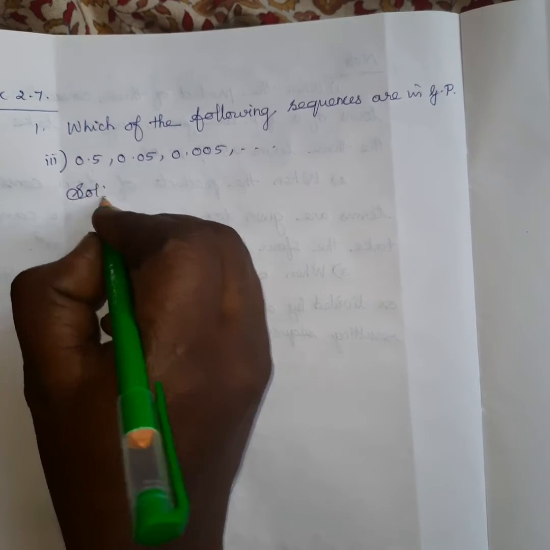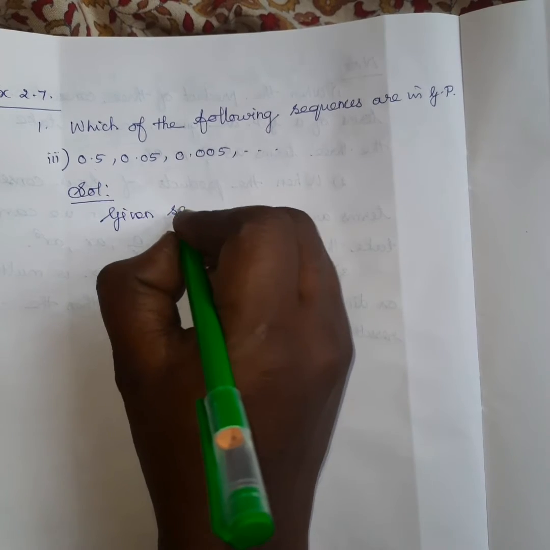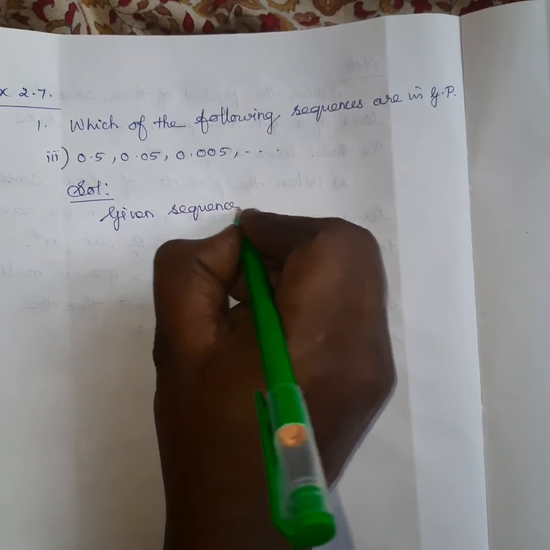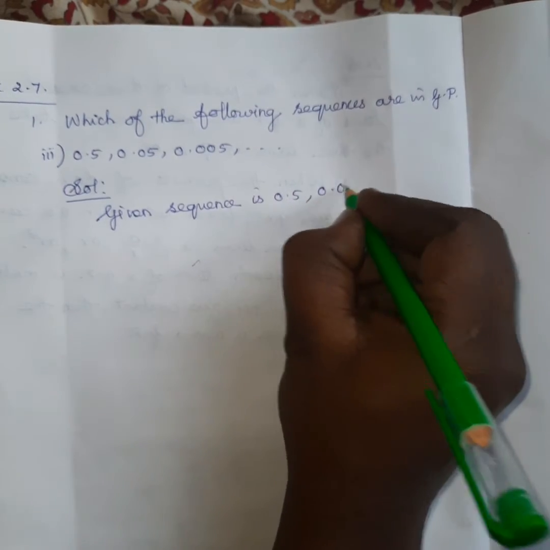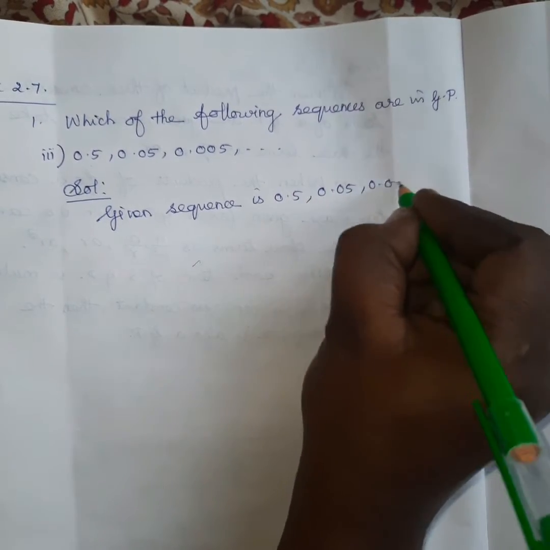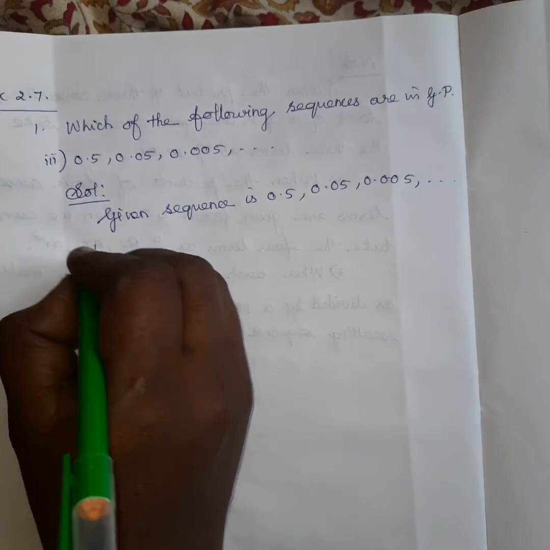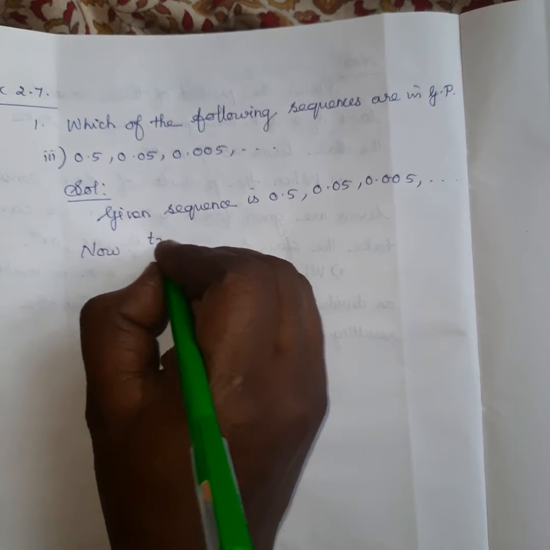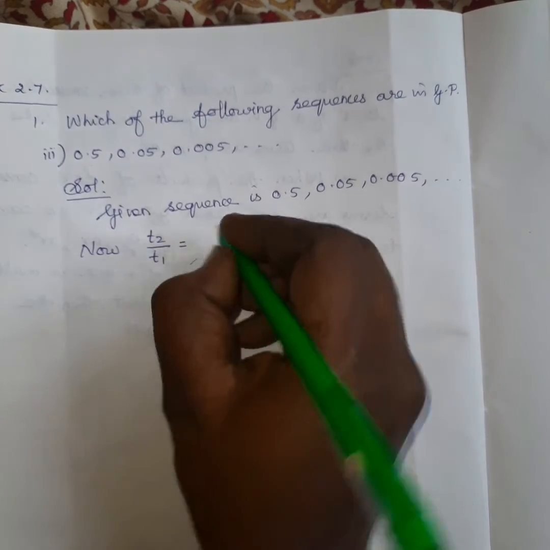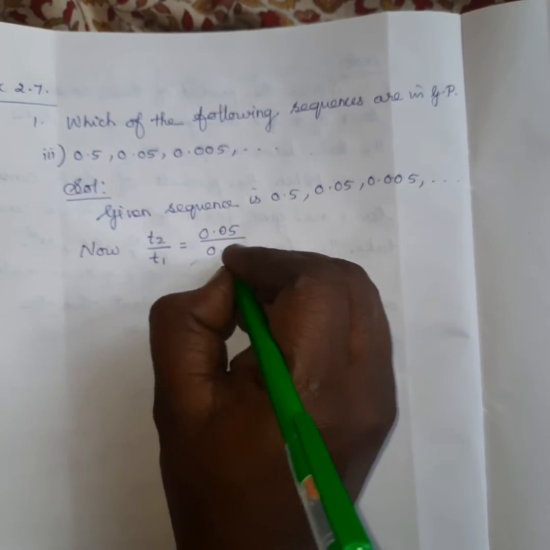First of all, you write the given sequence: 0.5, 0.05, 0.005, etc. Now, this is the second term divided by the first term, T2 divided by T1. What is the value? 0.05 divided by 0.5.